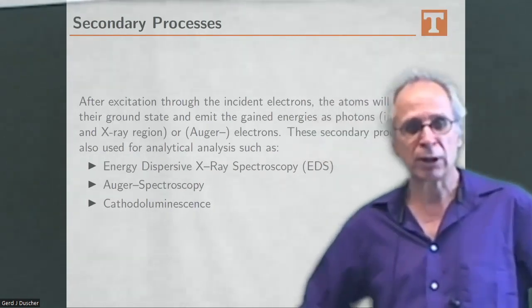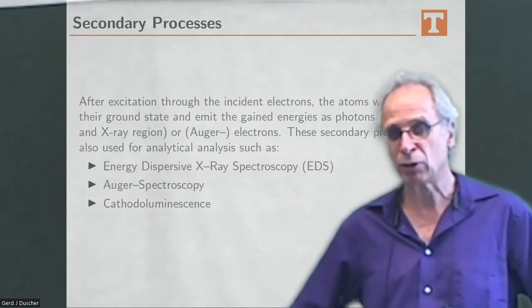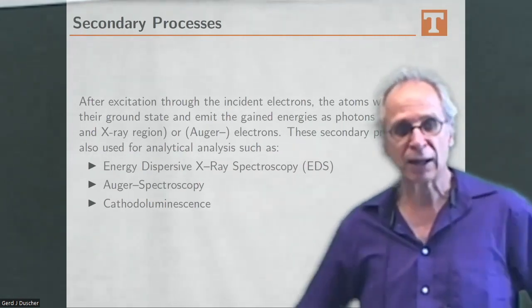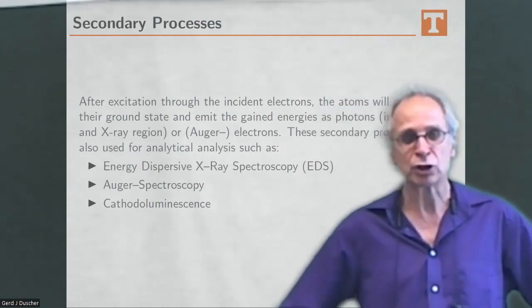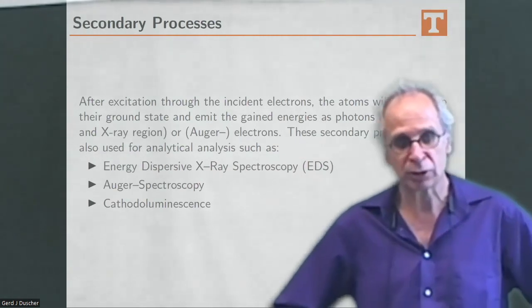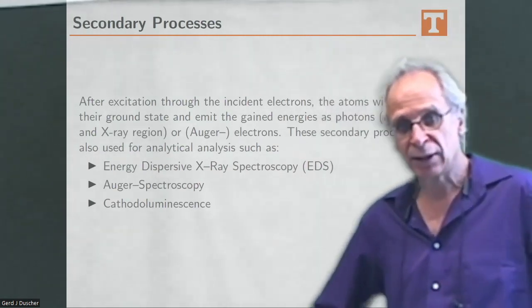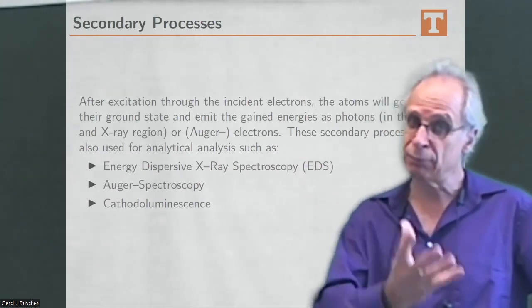Big progress has been made with the detectors, the collection angle of these X-ray photons. So we have now atomic resolution EDS that we can have together with EELS and an image.